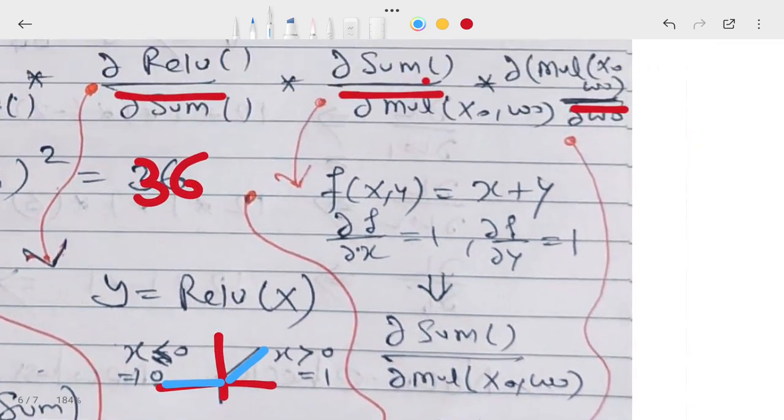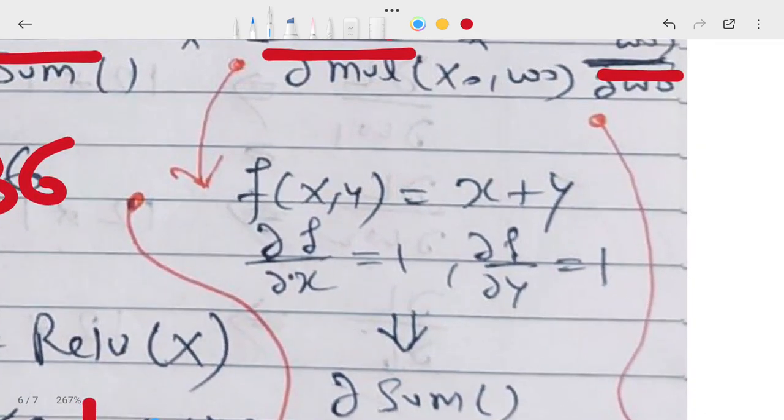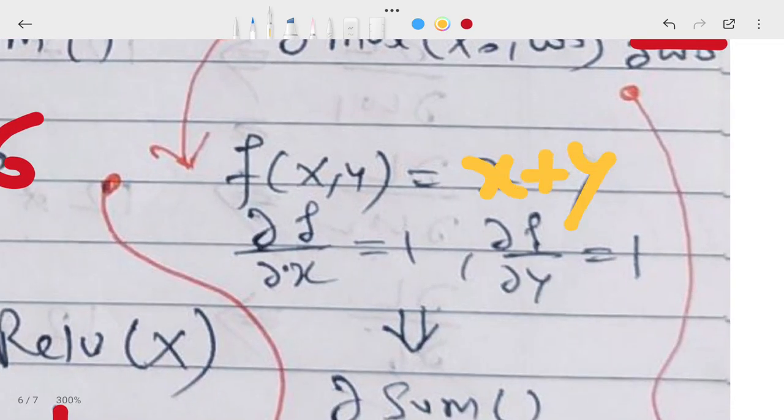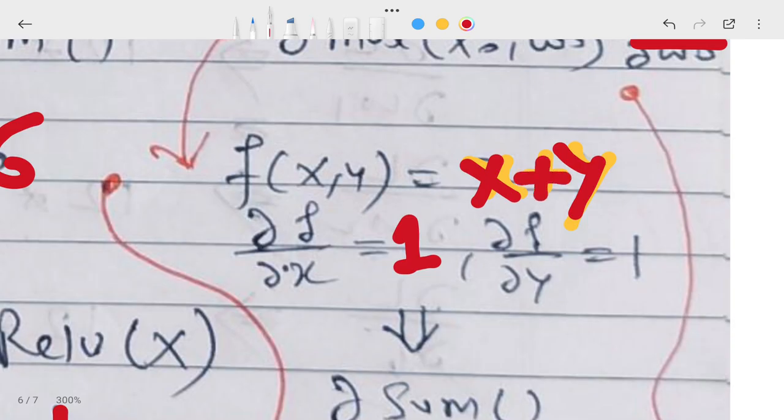Now next, listen here. Suppose you have a function f of x, y is equal to x plus y. If you differentiate this f with respect to x, y is constant, and dx upon dx is equal to 1. And if you differentiate with respect to y, you will again get 1.